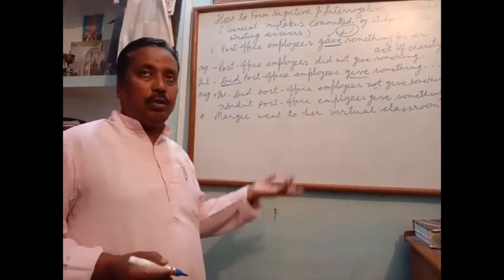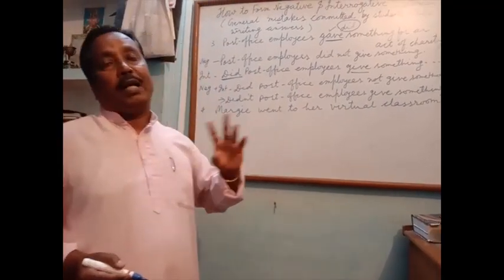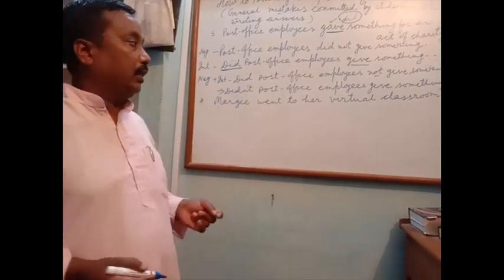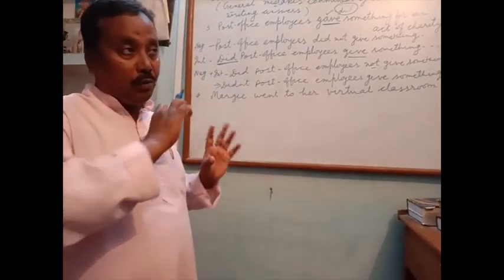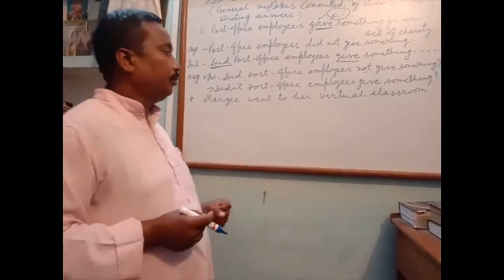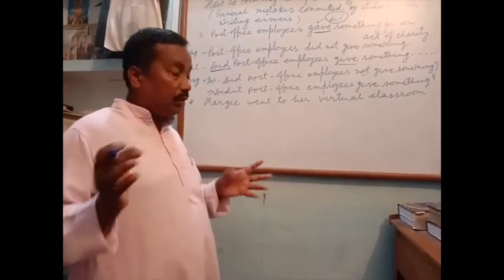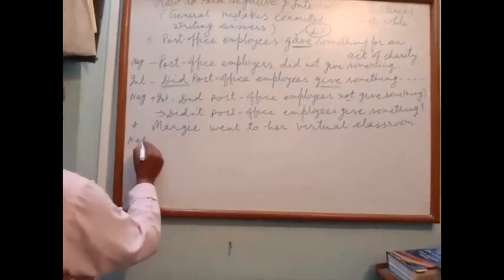Today, what is going on? A virtual classroom is going on. You are learning online. So this is a virtual classroom. You are watching the video. What is this? Virtual classroom. Live classroom. Virtual classroom. Now we have to change it into negative.